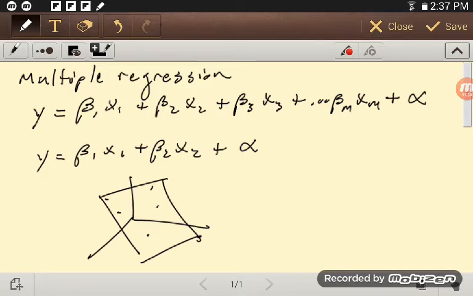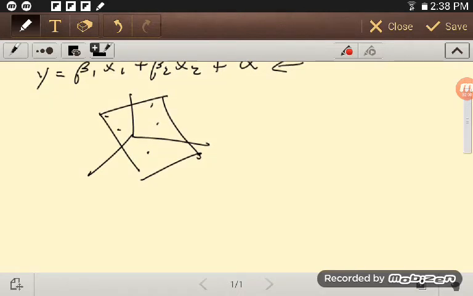So this is a two-dimensional plane in three-dimensional space, and that's what we're trying to fit. And it's pretty much the same mathematics. You could do it using multivariate calculus, you could do it using linear algebra. It's all the same.